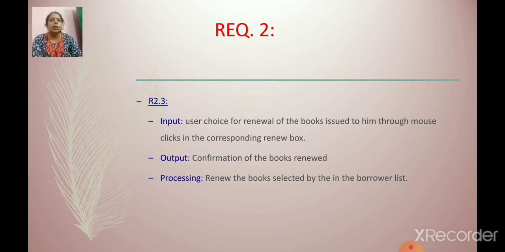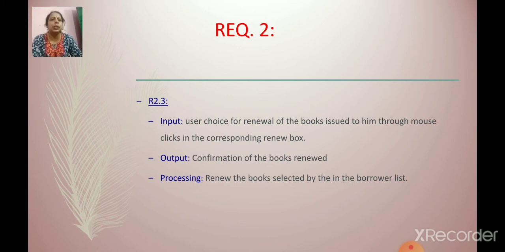Then in detail, the input is the user's choice for renewal of the book issued to him, through a mouse click on the corresponding renew book. It means that from the list of books, the user has to select the book which he will renew, and in output, a confirmation of the book renewed.